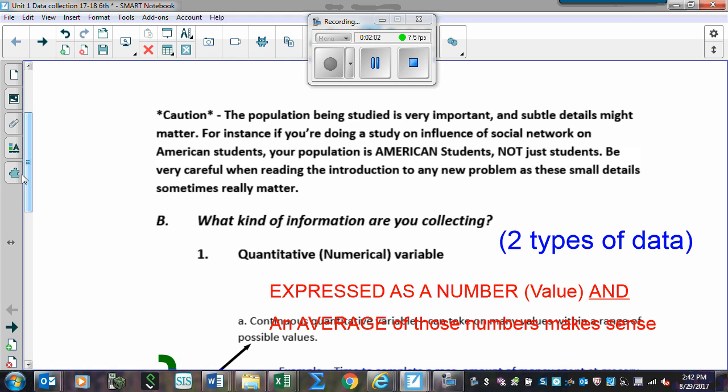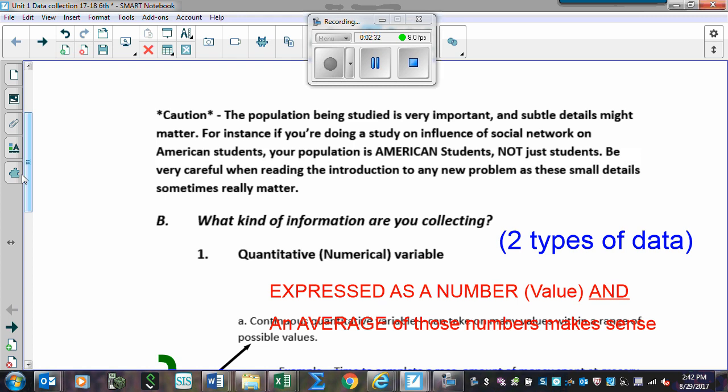But in statistics, things like the population or the implied population are in those intros, and every problem that we do is going to be a word problem. So those are important parts of every problem. And again, we're kind of in our past life in the algebra world and pre-calc world, that little introduction didn't mean a lot. It's going to mean a lot in all the problems that we do.